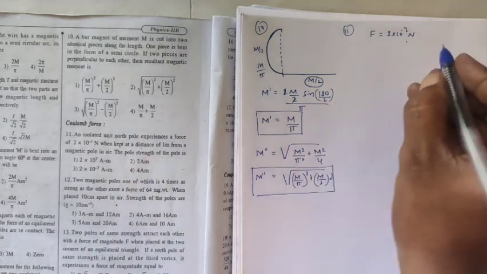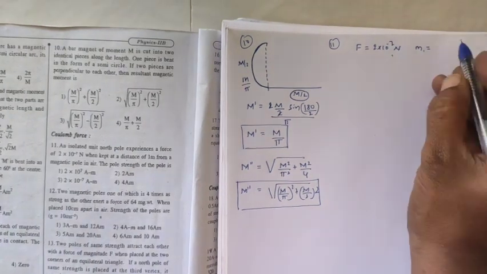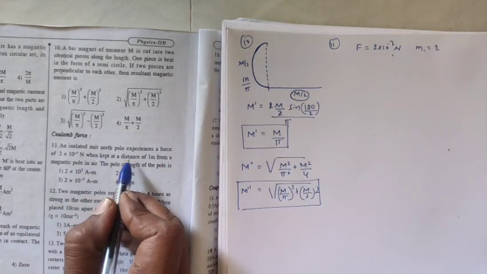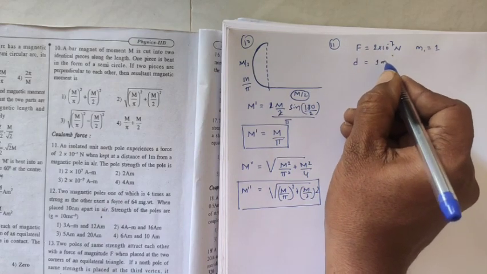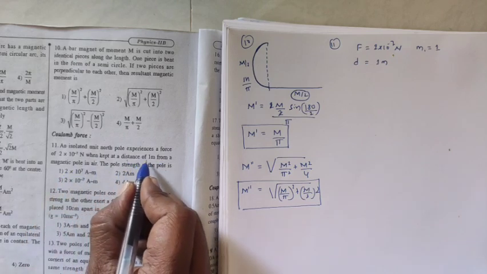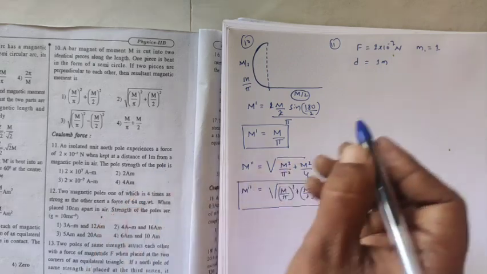They mention a unit north pole, so I will take the pole strength as 1 ampere meter here, right? When kept at a distance of 1 meter from a magnetic pole in air, the pole strength of the pole is?